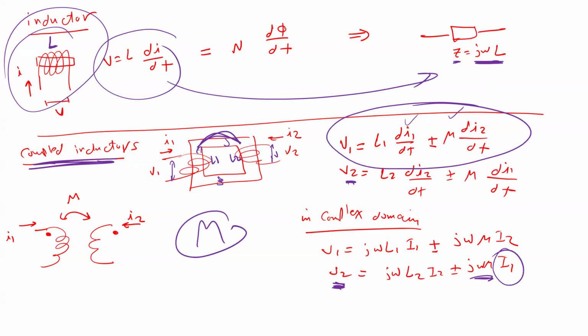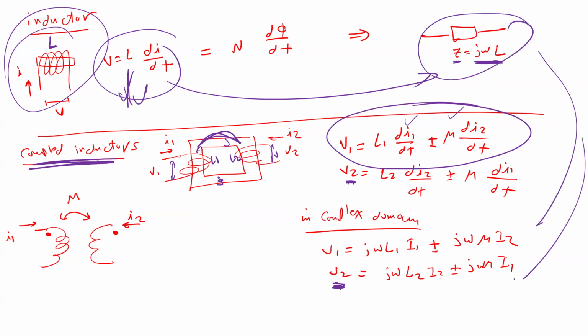Don't be confused. This is the information we have, so I should not use the old formula anymore. It has to be replaced by these ones. I will give you some examples to see how we are going to use this when you analyze circuits.